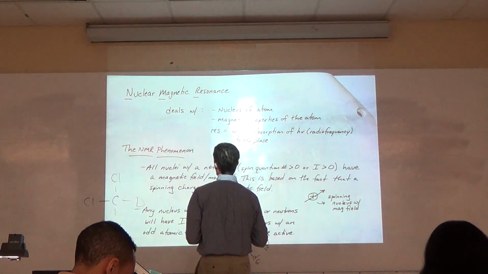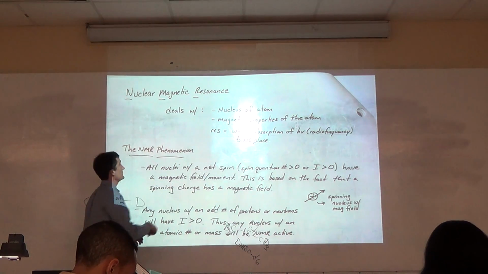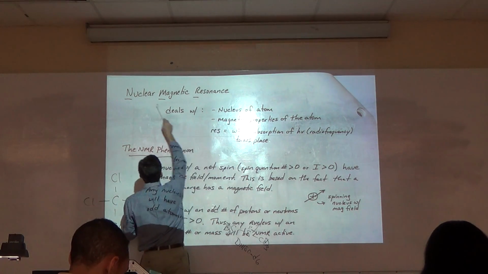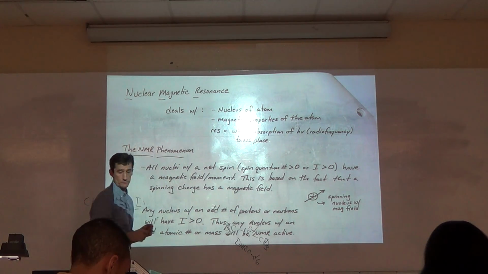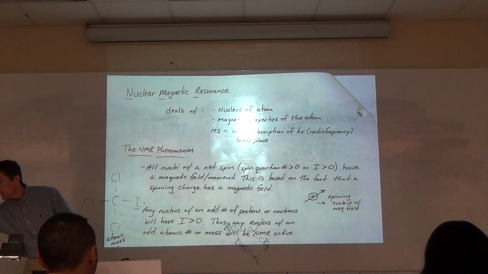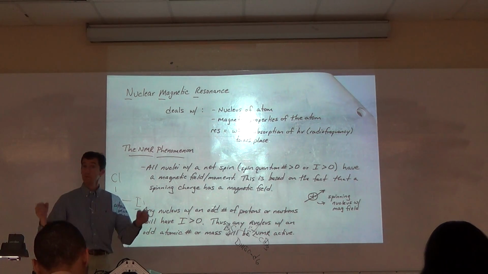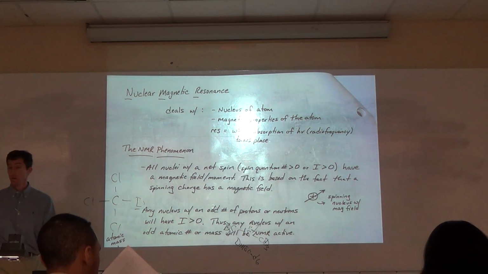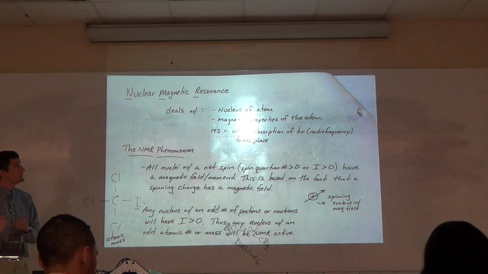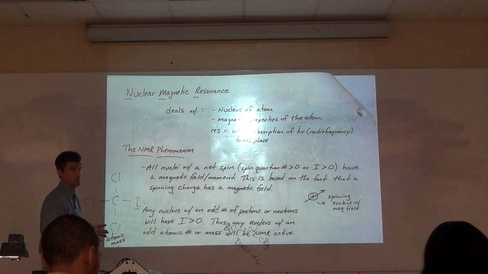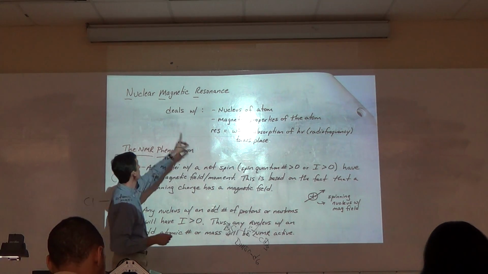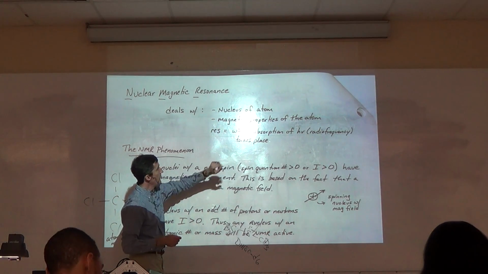Okay, first off, NMR stands for nuclear magnetic resonance because we're dealing with the nucleus of the atom. In IR, what are you dealing with? Bonds, not the nuclei, the bonds, and their vibration. In NMR, you're dealing with the nucleus. We're dealing with the magnetic properties of that, so nuclear magnetic.